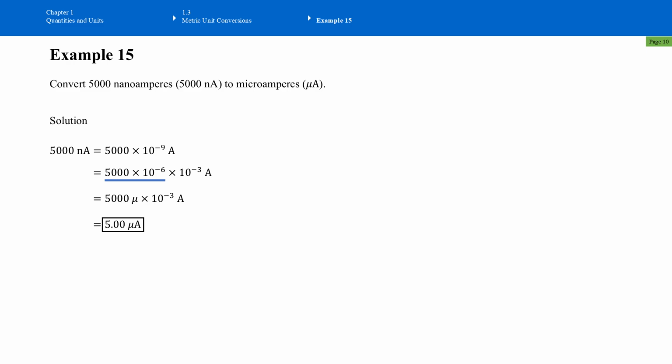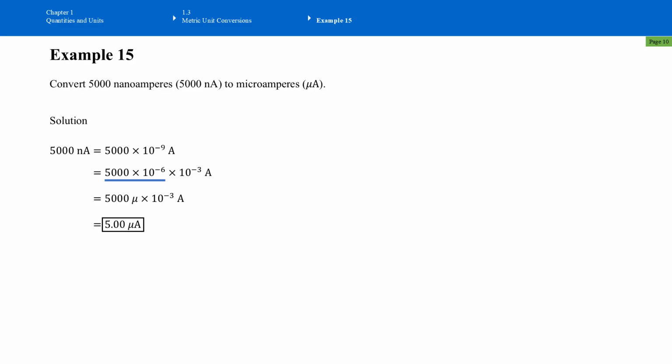Our goal is to convert from nanoamps to microamps. And we know the microamp is 10 to the negative 6. So we're going to break that 10 to the minus 9 in terms of 10 to the minus 6. We know 10 to the minus 6 times 10 to the minus 3 equals 10 to the minus 9.